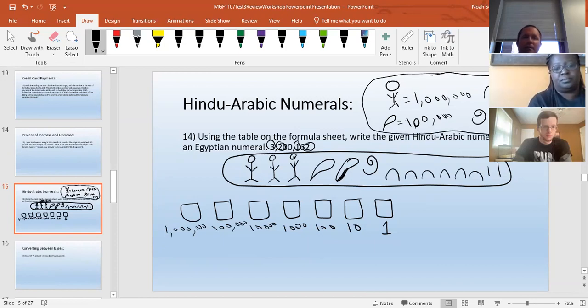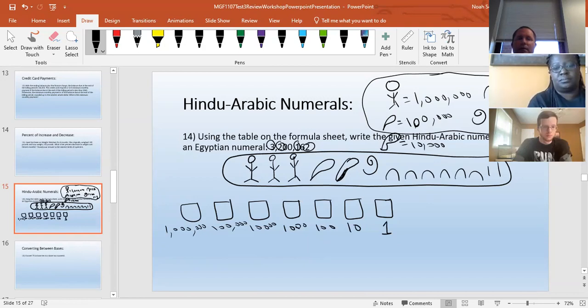That would be the 10,000s, which was the pointing finger. That's the 10,000s place. But you'll have the formula sheet. I think the only one we're missing is the thousands place.